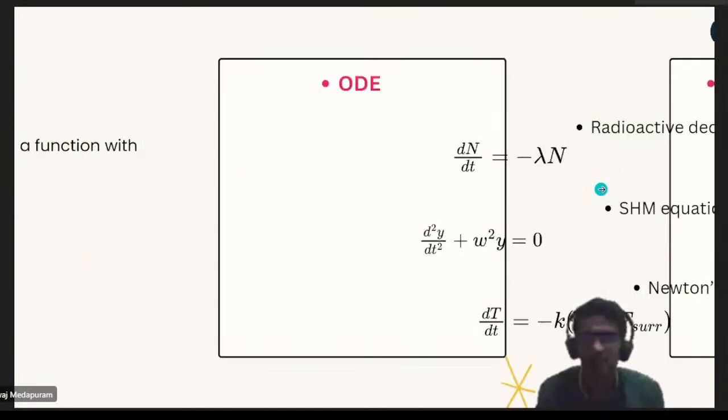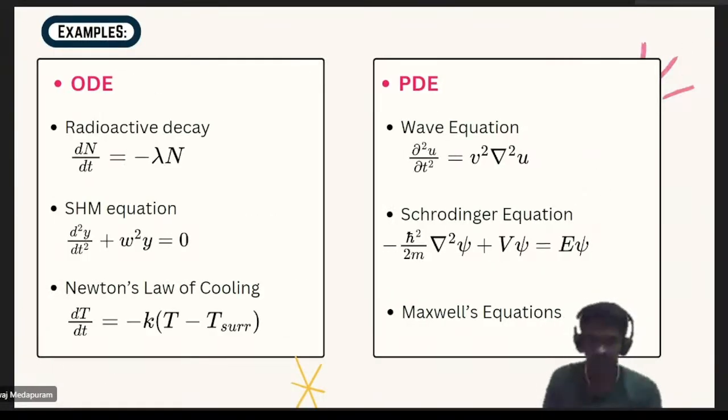We'll see some examples before moving forward. We have in ordinary differential equations the radioactive decay, which helps us find the age of fossils, etc. You should have often come across this equation if you're into JEE, and don't get intimidated if you haven't seen these equations before, or by seeing these operators and all.